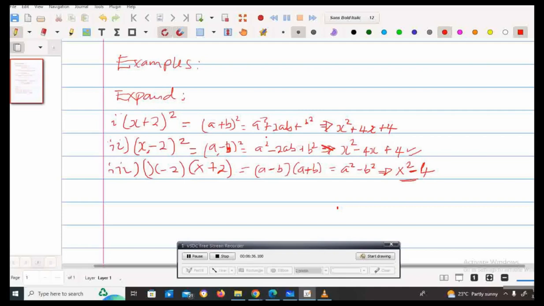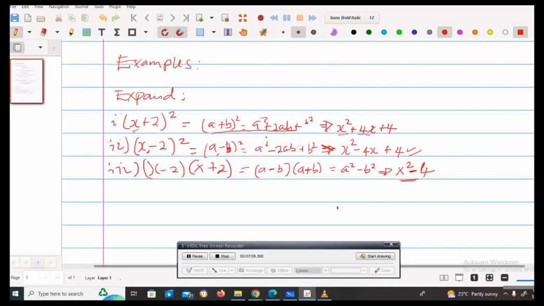In this case, x is our a, 2 is our b, and this expands into a squared plus twice ab plus b squared. So x plus 2 squared expands into x squared plus 2 times x multiplied by 2. 2 times x is 2x, multiplied by 2 gives us 4x, plus 4, which is the square of 2.